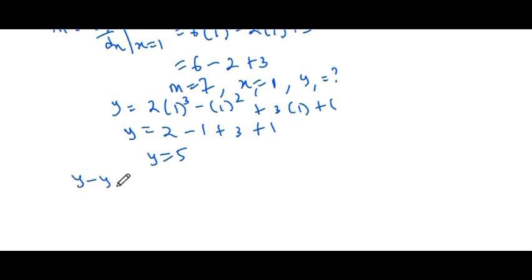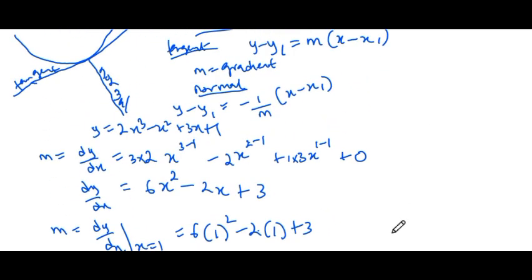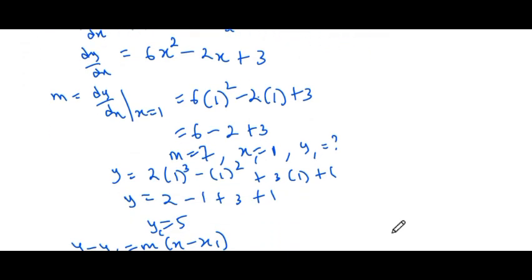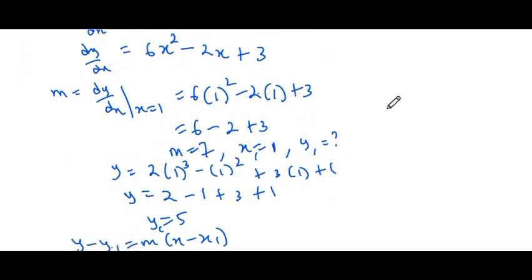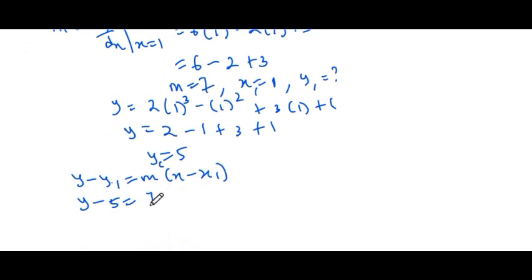So our equation becomes, remember our equation, so we are substituting. Now y and x are constants, so we'll leave them. But we already have the value of x1, y1 and m. So go ahead and substitute. So this becomes y minus y1, which is 5, is equal to m. Our m we got is 7, so that's 7 open bracket x minus x1, which is 1.